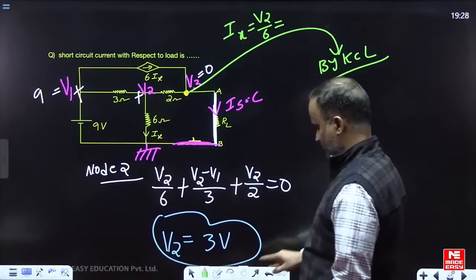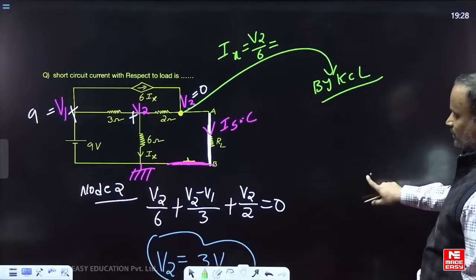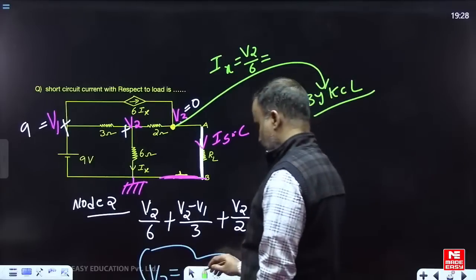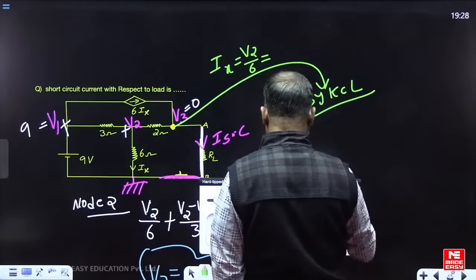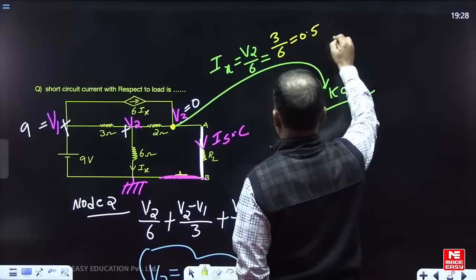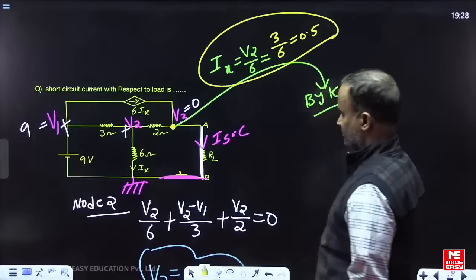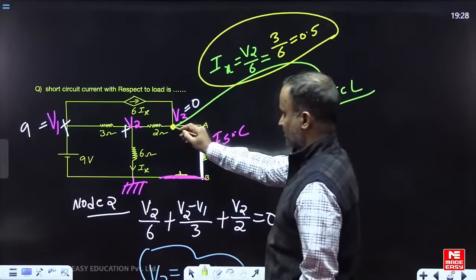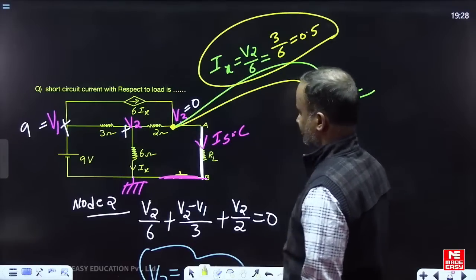V2 is 3, so 3 by 6. That means IX equals 0.5. Okay, IX is found.